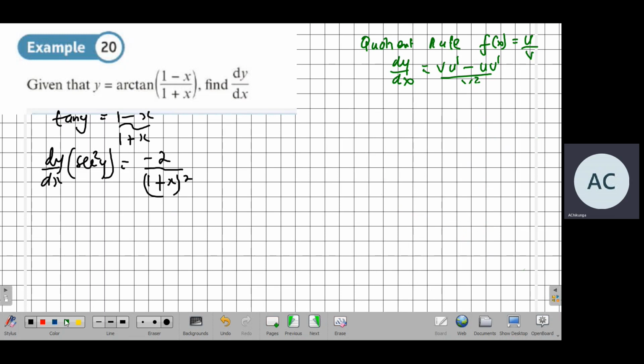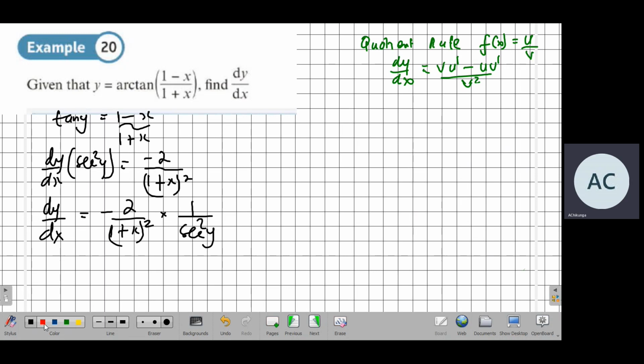All right, so simplifying that gives us dy over dx equal to minus 2 over 1 plus x squared times 1 over sec squared y. However, we need to replace the sec squared y with the x's.